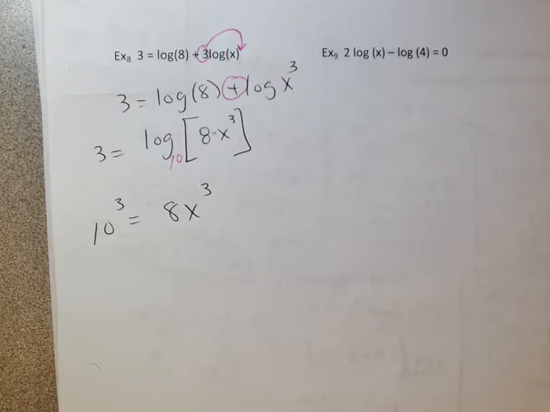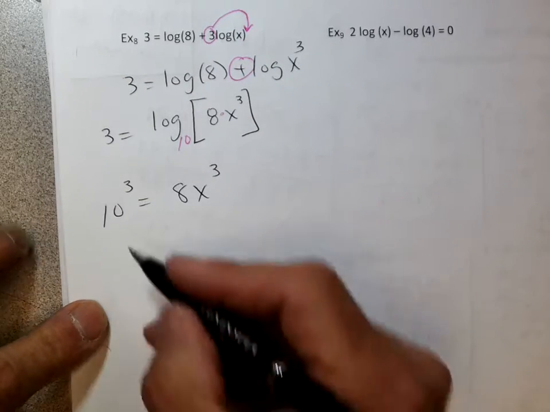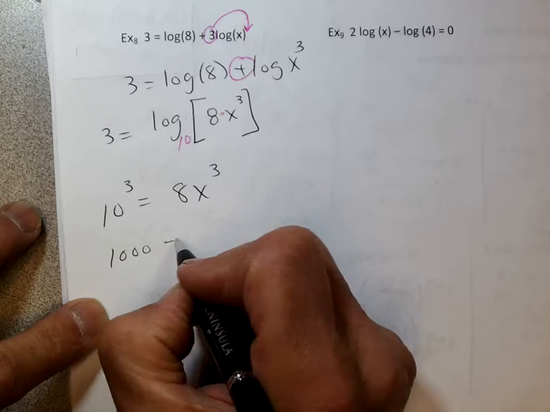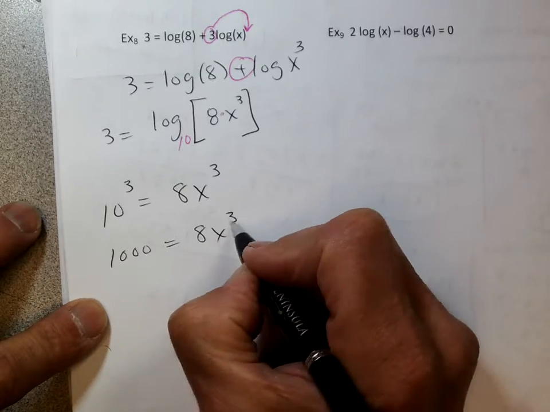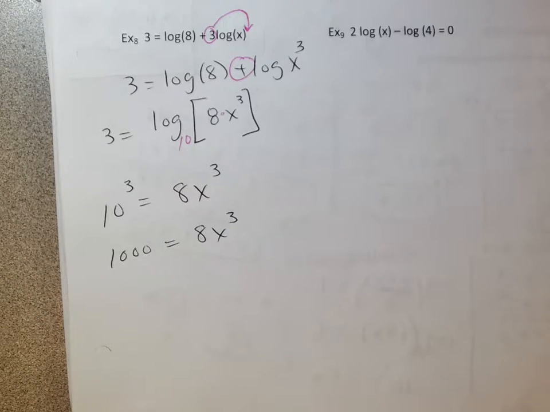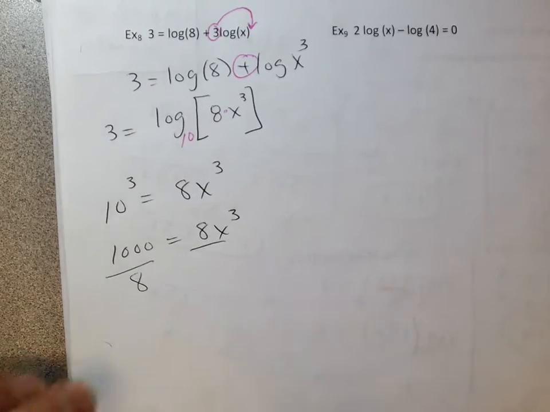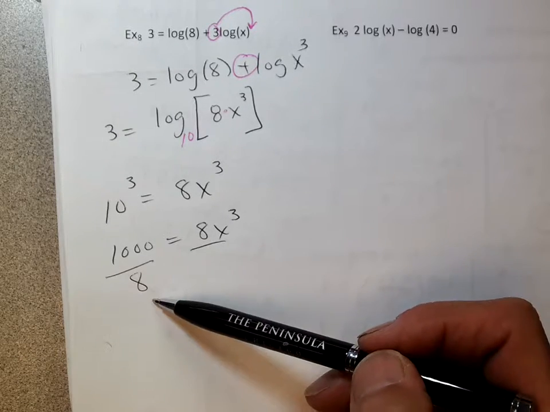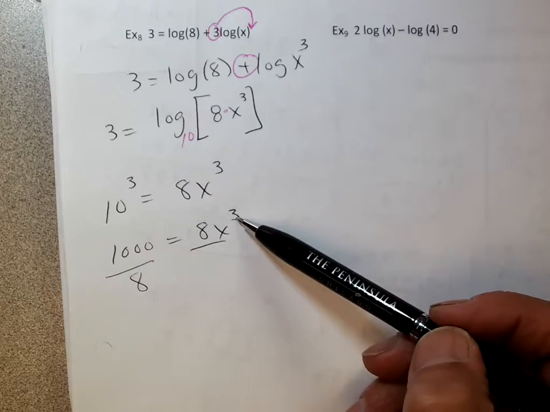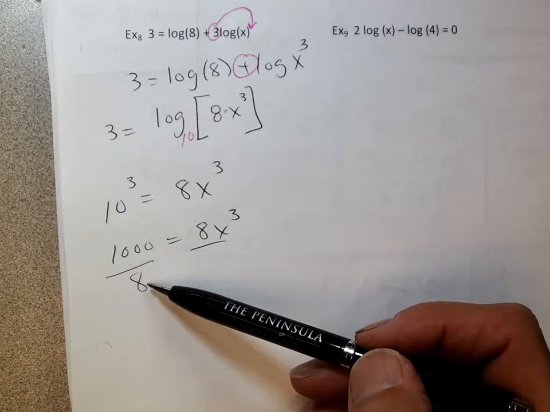How am I doing? Or 1,000 equals 8x cubed. Divide by 8. If I leave this as 1,000 divided by 8, I could take the cube root of that and get 10 over 2.